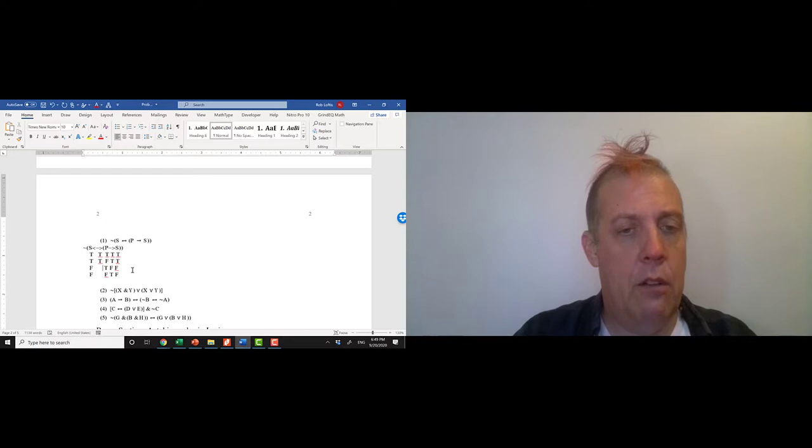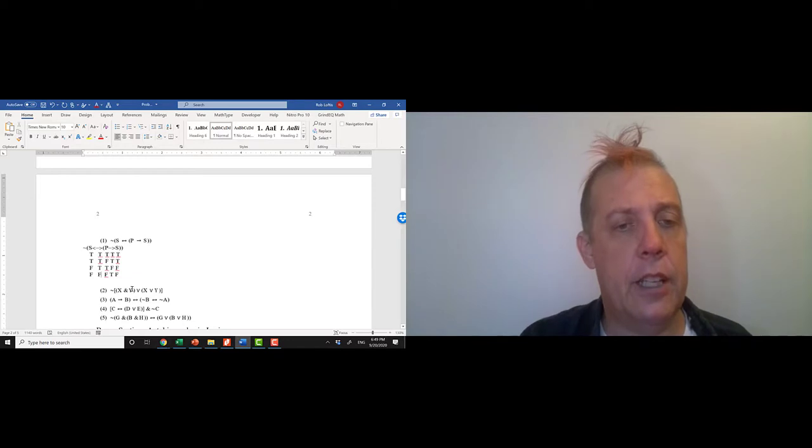And for the third line, the two sides match because you're matching this false with this false. So that's true. But for the fourth line, they don't match because you've got a false here and a true here. So that is false.